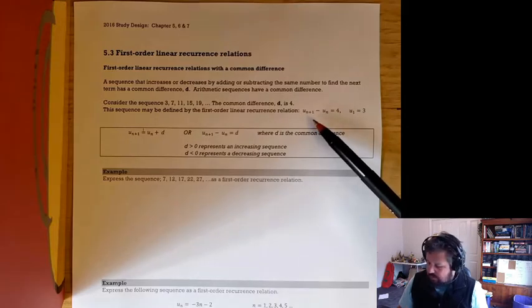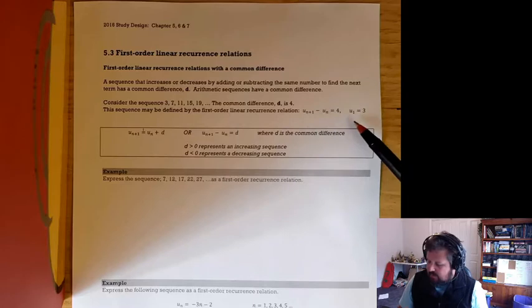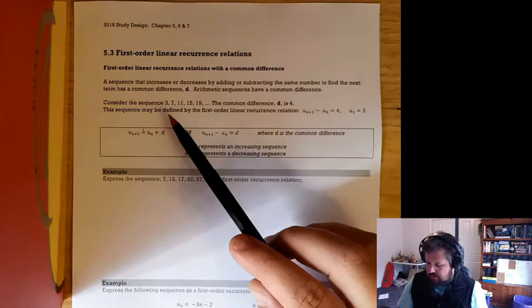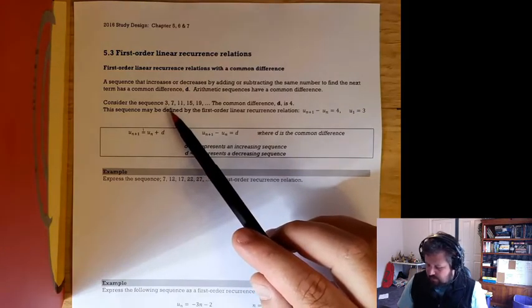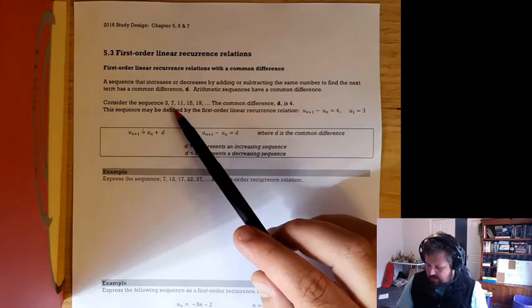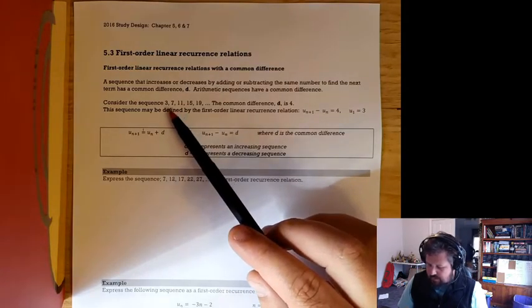But notice they're also telling us that the starting value, in this particular case, is 3. So u1 was 3. If you look at the next value, 7, 7 take away the one before it, which is 3, is 4.